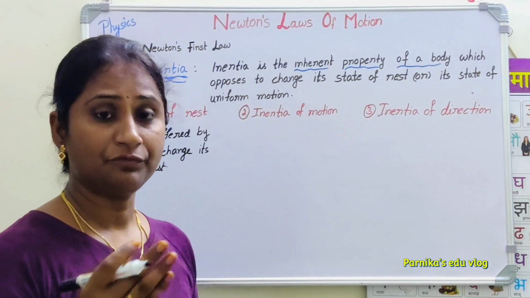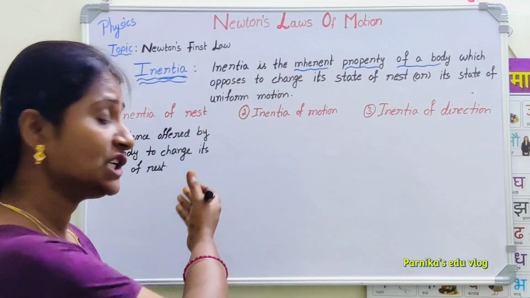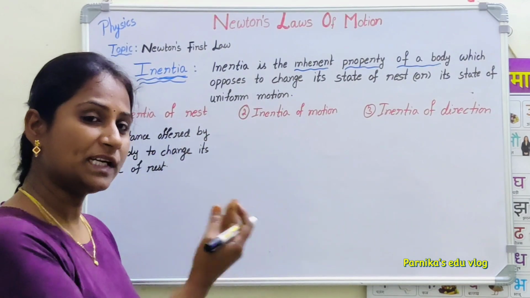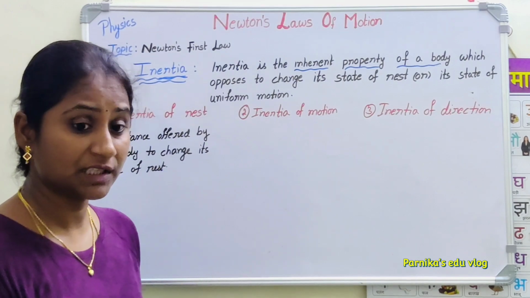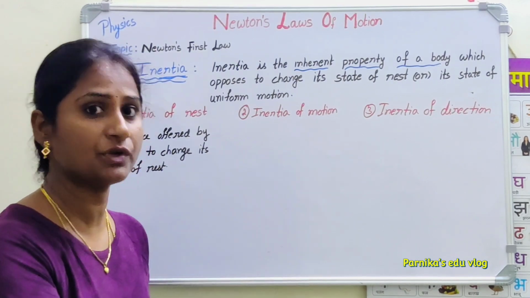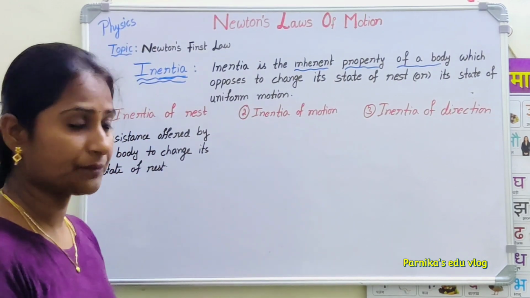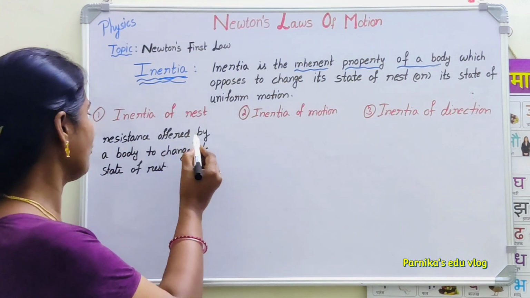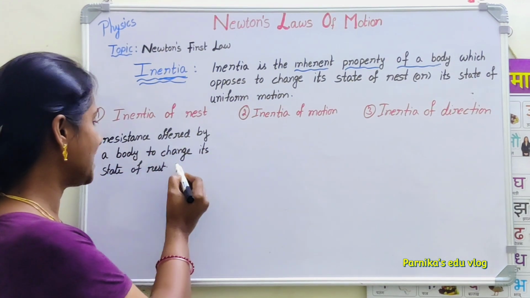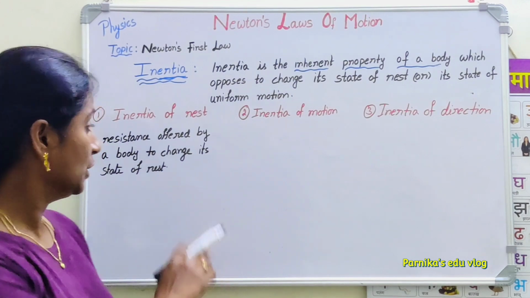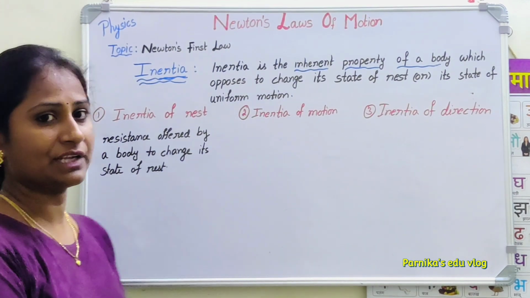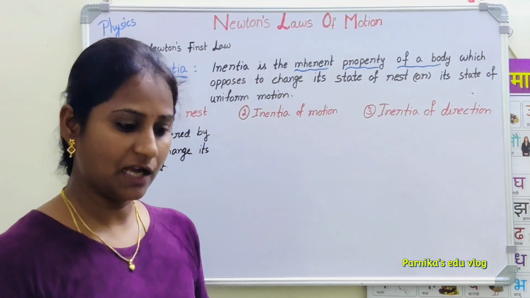Okay. First one is inertia of rest. What is inertia of rest? We already know what inertia is, but now we are going to discuss inertia of rest. It is the resistance offered by a body to change its state of rest. What is the meaning of that?